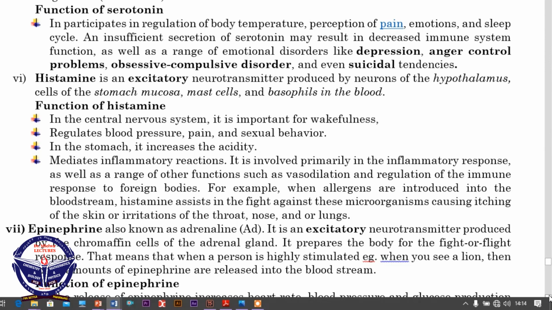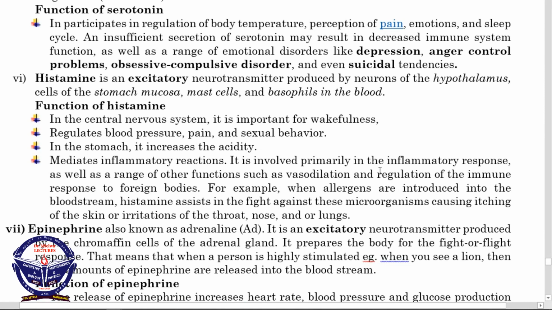So in the central nervous system it is important for wakefulness, lakini ina regulate blood pressure, pain na sexual behavior. In the stomach it increases acidity, pia ina mediate inflammatory reaction. It is involved primarily in the inflammatory response as well as a range of other functions such as vasodilation and regulation of the immune response to foreign bodies.